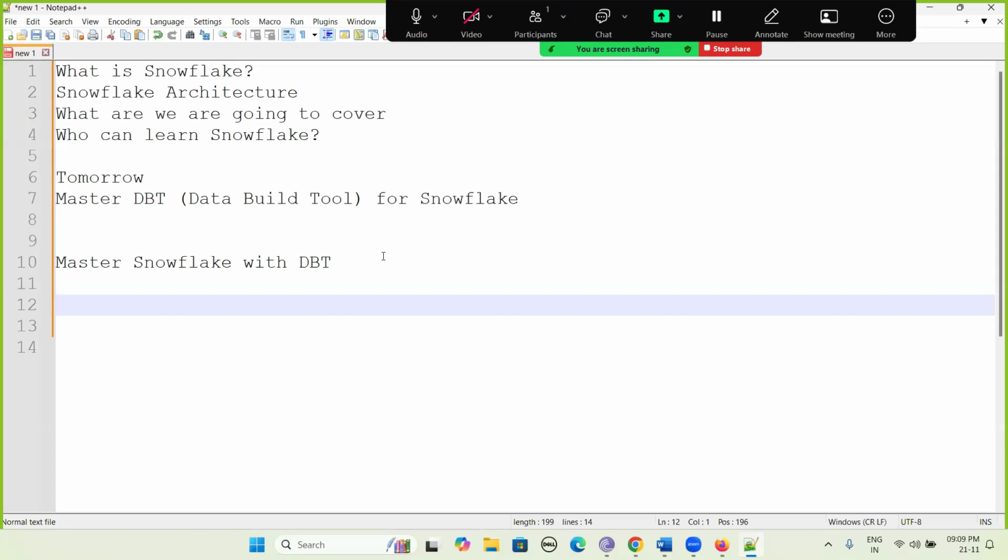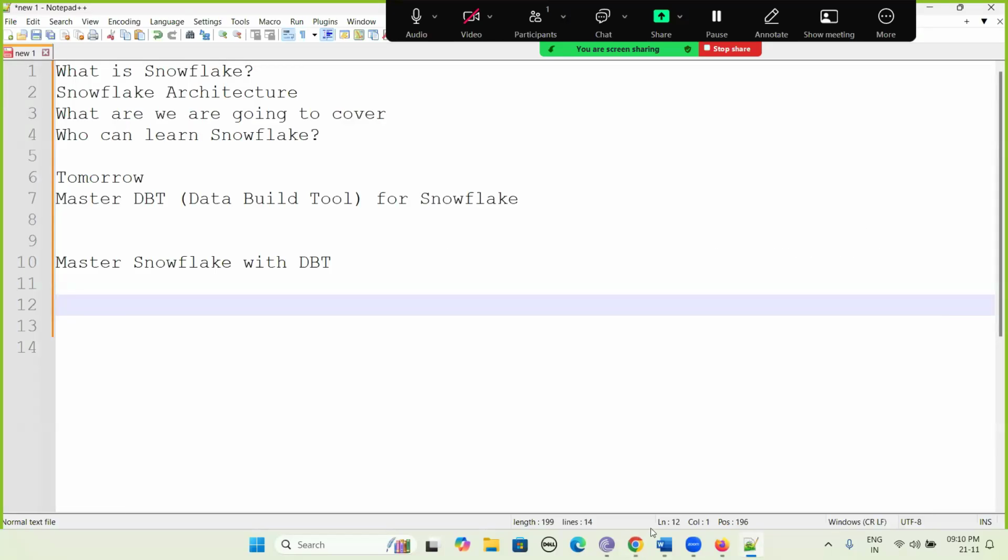I worked on Snowflake with the healthcare sector, with banking, and with the e-commerce domain. I have multiple projects with Snowflake. I am currently working as a data specialist. Yeah, that's my introduction.